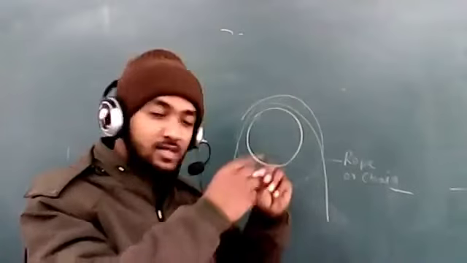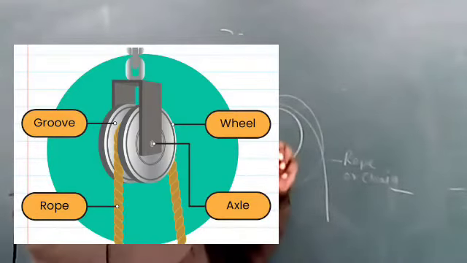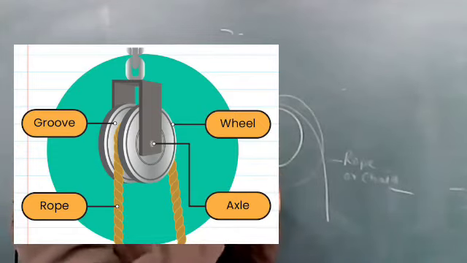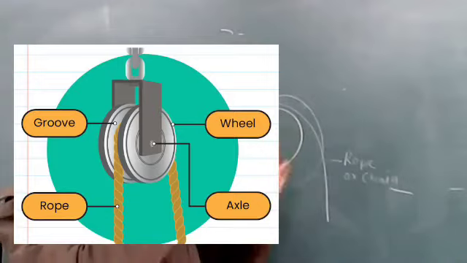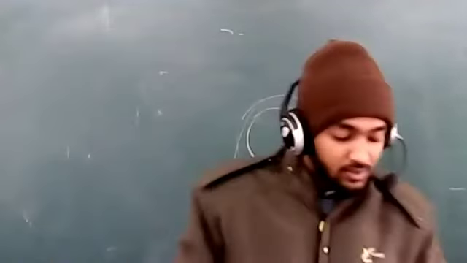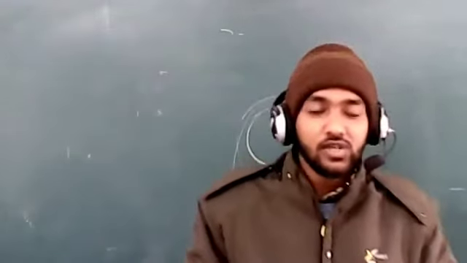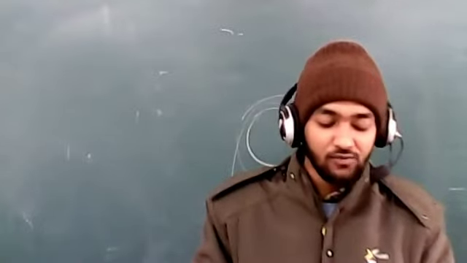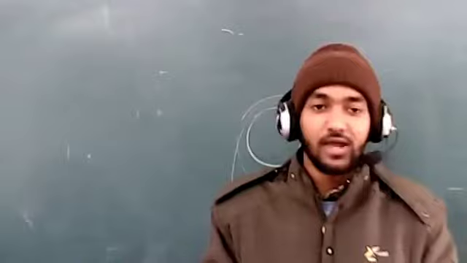Whenever we pull something, a bucket of water, or suppose a pulley is fit on a crane, what happens when we pull? It rotates around the axle. And what is the use of a pulley? A pulley is used to lift heavy objects such as a bucket filled with water from a well. Okay, we have discussed.